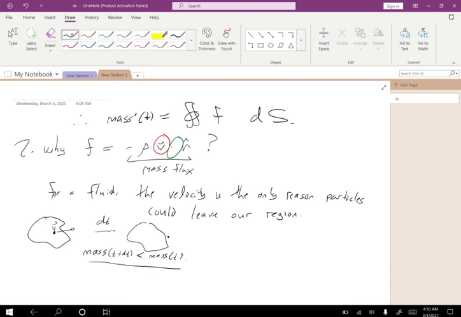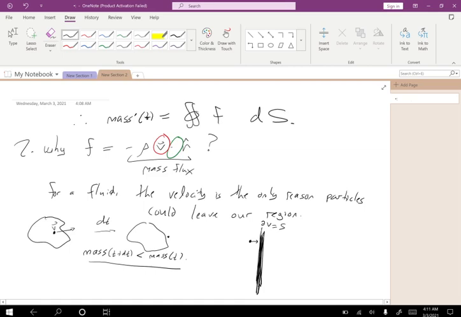So the velocity is the factor, but why is there that dot product? Why is the normal vector involved with this? So let me just illustrate this. Let's suppose this is our boundary, or you can just think of this as S. So let's suppose S is kind of flat. And so now I'm going to have two particles. One particle is moving to the right.